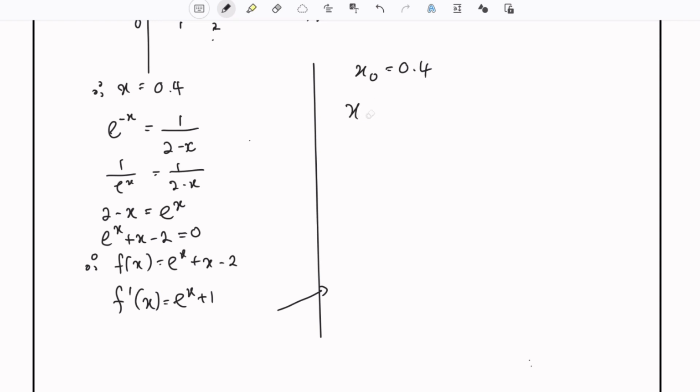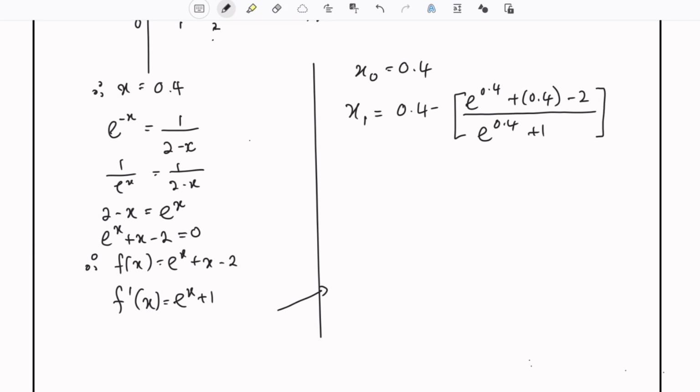So x1 equals 0.4 minus, so use bracket, e^0.4 plus 0.4 minus 2, over e^0.4 plus 1. So we have the value to be 0.4434. So make sure you give your answer to 4 decimal places during workings.